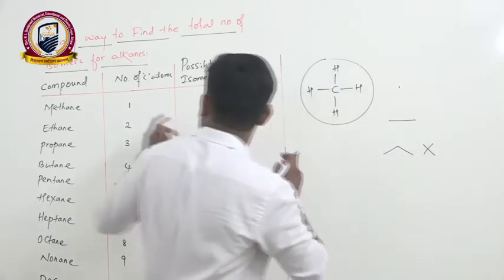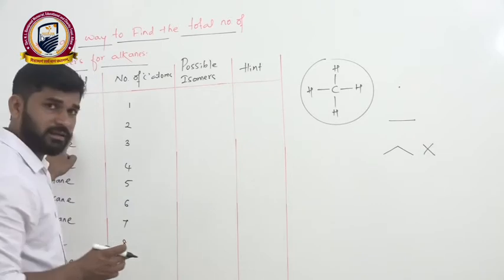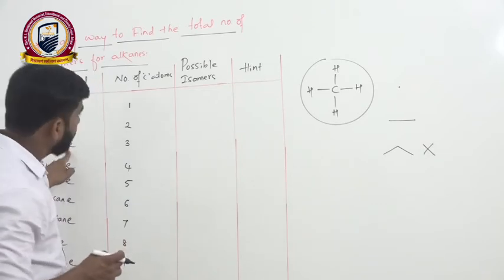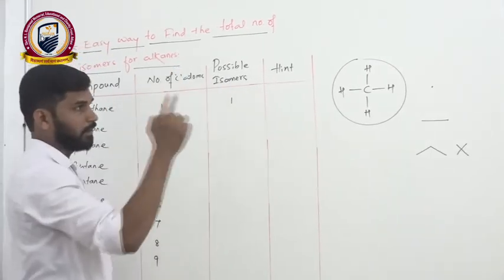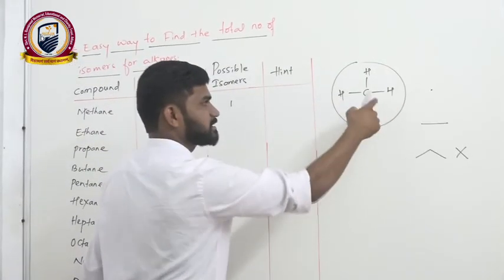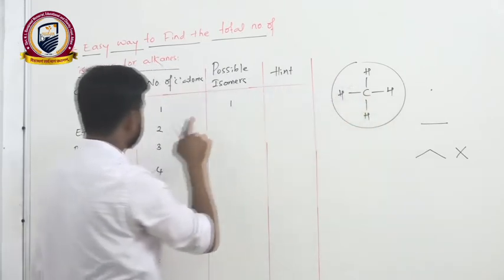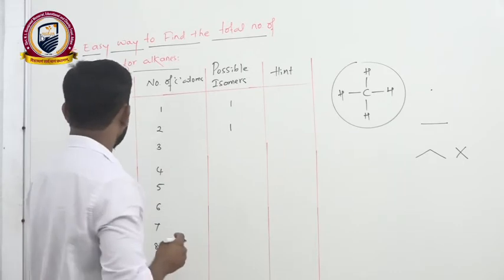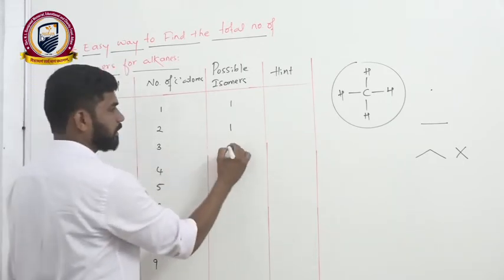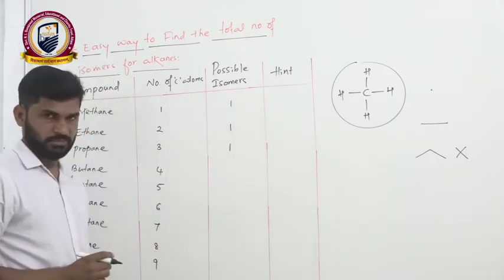That's why methane, ethane and propane will have no isomers. Therefore, the possible isomers for methane will be 1. It is the only way to write methane. Not possible for ethane also, and for propane also 1 isomer is possible.